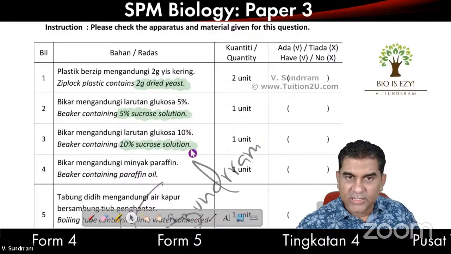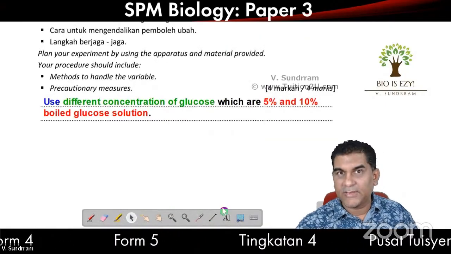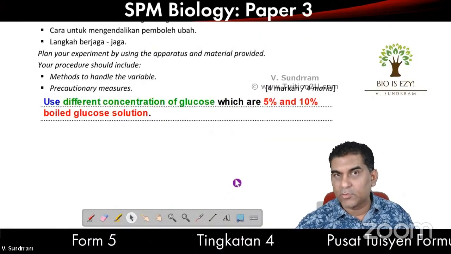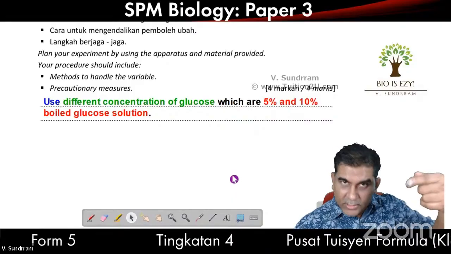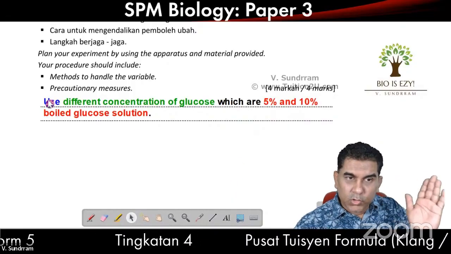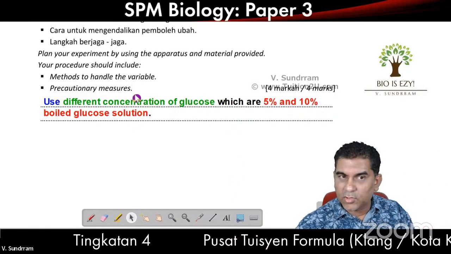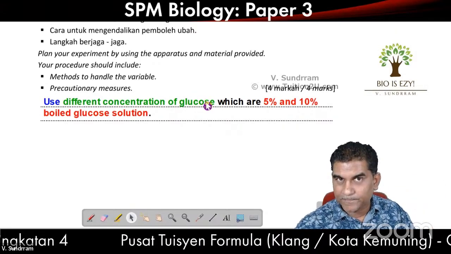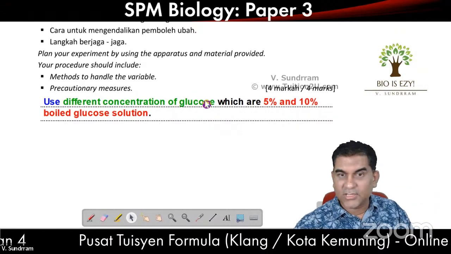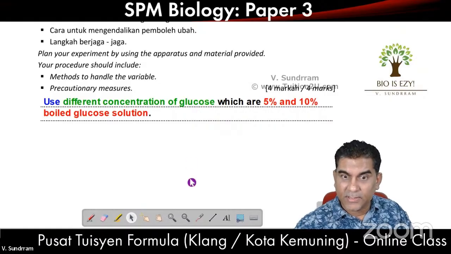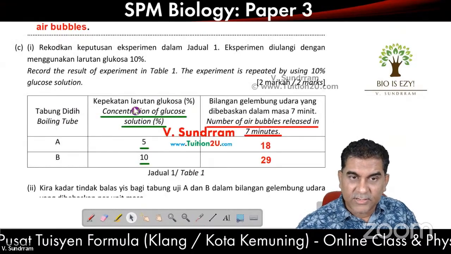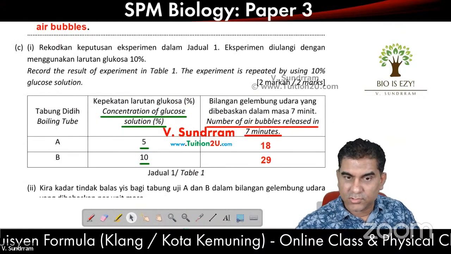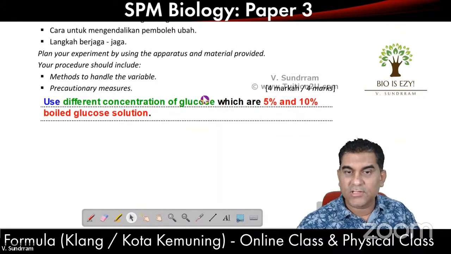The list didn't mention boiled, but in the experiment, we need to use the words boiled glucose solution. Why boil? After this, we'll explain. Different concentration of glucose is the manipulated variable. I'm using what's given here, concentration of glucose solution.